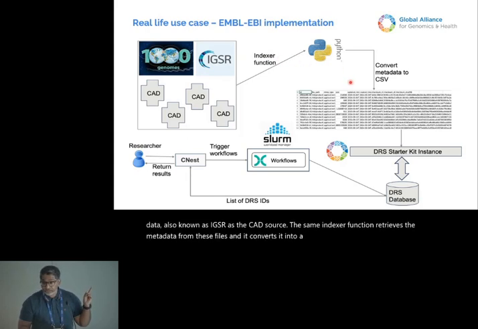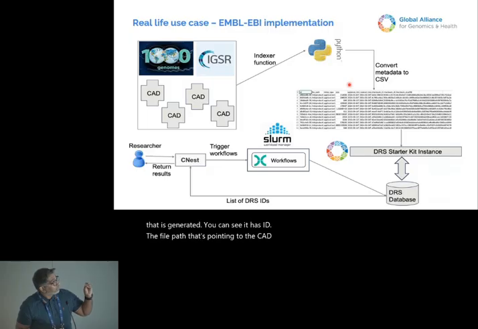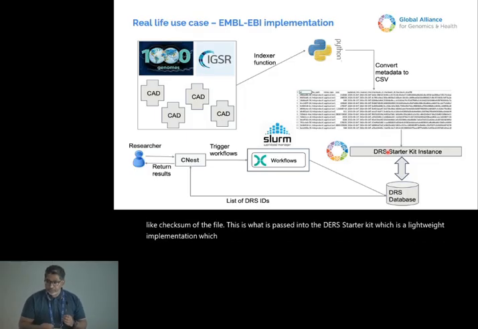This is an actual snapshot of the CSV that's generated. You can see it has the ID, the file path that's pointing to the CAD source, the types, the size, and different parameters like the checksum of the file. This is what is passed into the DRS starter kit, which is a lightweight implementation which helps to store the data into the DRS instance.